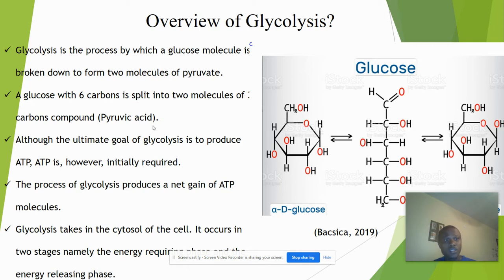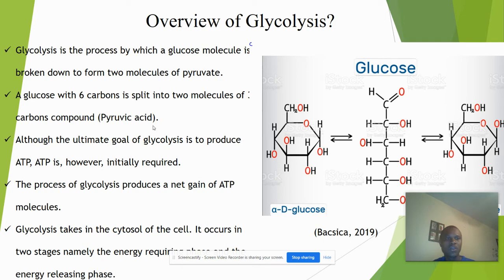In glycolysis, a glucose molecule with six carbons is split into two molecules of three carbon compounds, and these are called pyruvic acid.